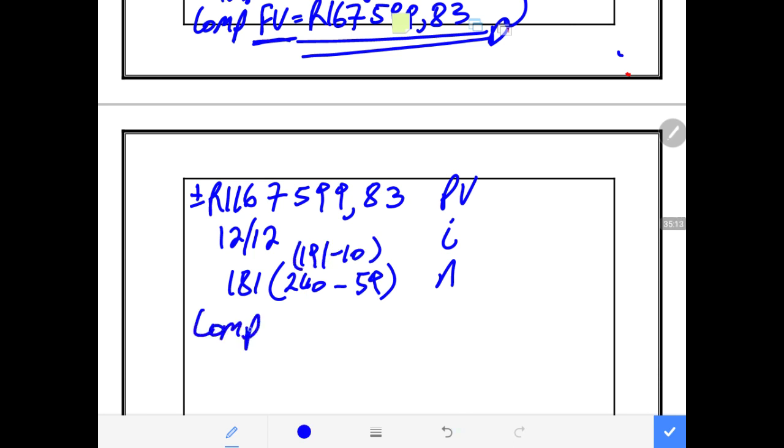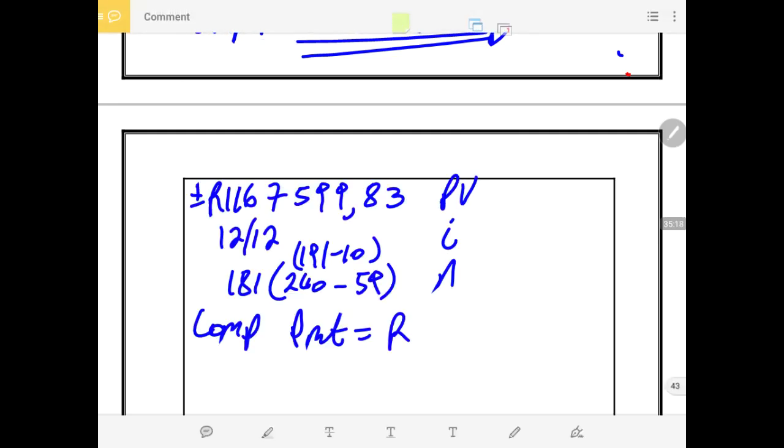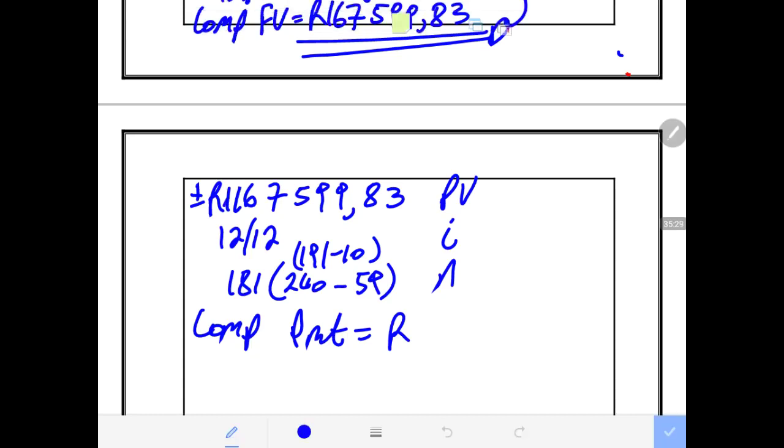So now what are we doing? We compute PMT. How much will this client now pay since he missed 5 payments from month 55 to month 59? 167,599.83 plus minus is the present value. 12 over 12 is our interest. 181 is our n. Then we're calculating the amount of the payments.